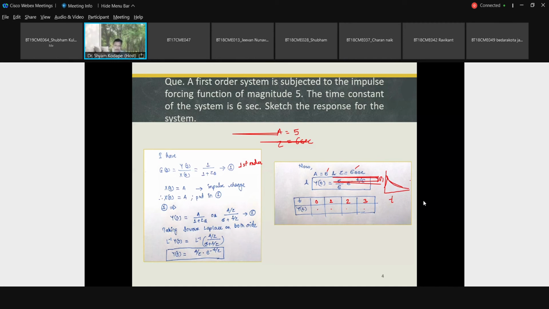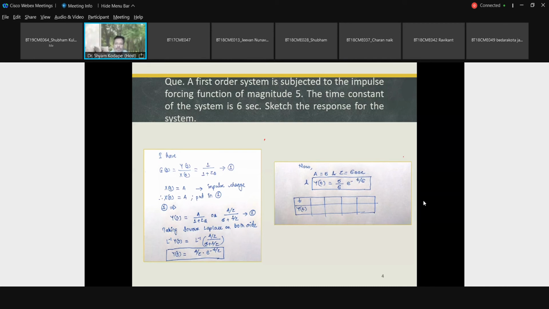See, by plotting, it is different from that of our step change. Right? The nature is different. So look, 5 by 6 into e raised to power minus t by tau, an exponential. e raised to the power of any negative value will decay. That response will decay with respect to time.